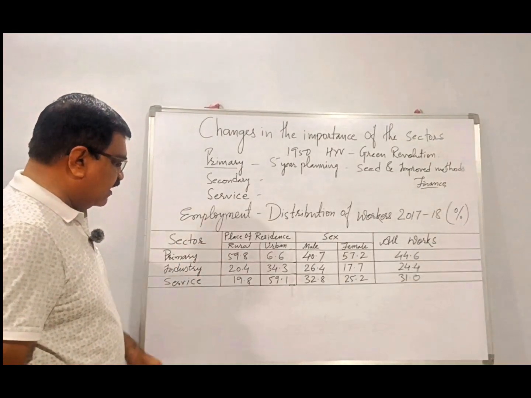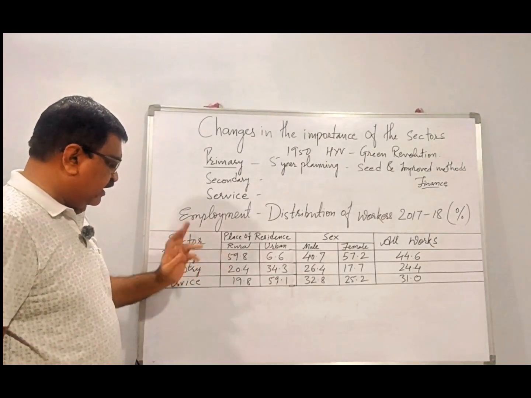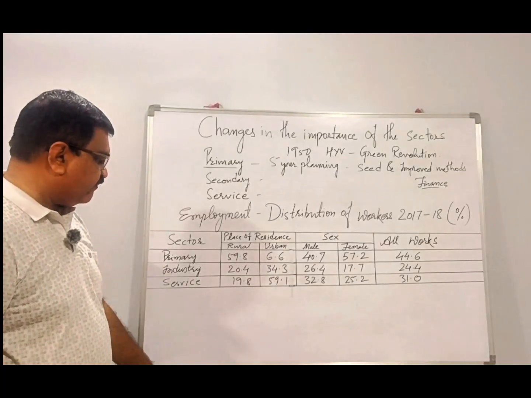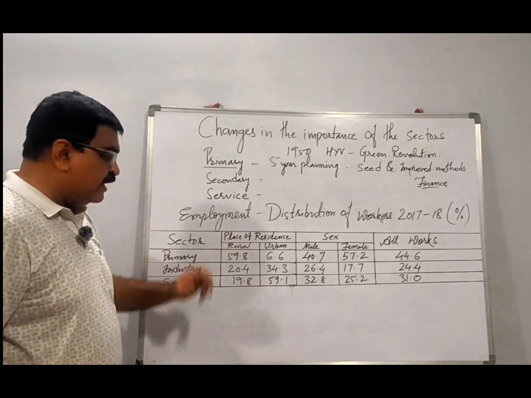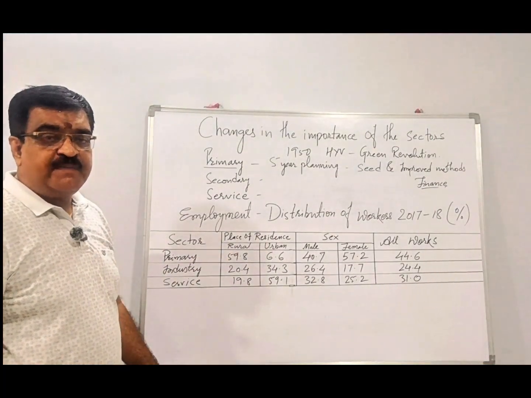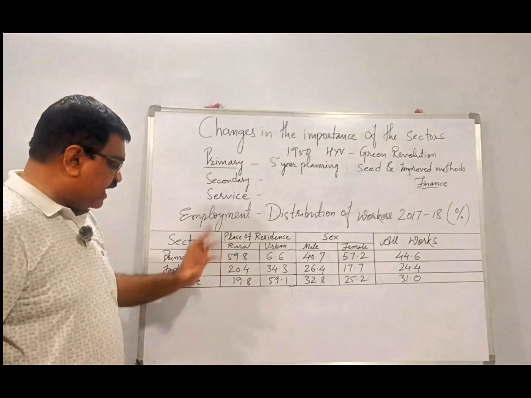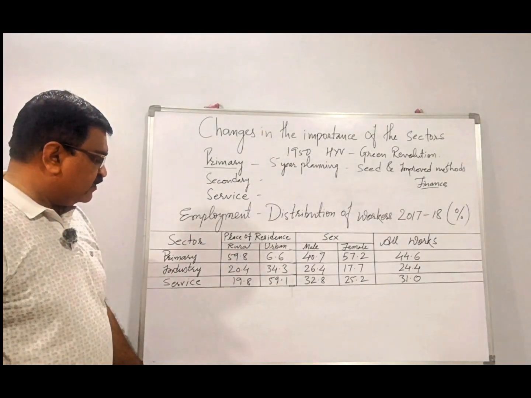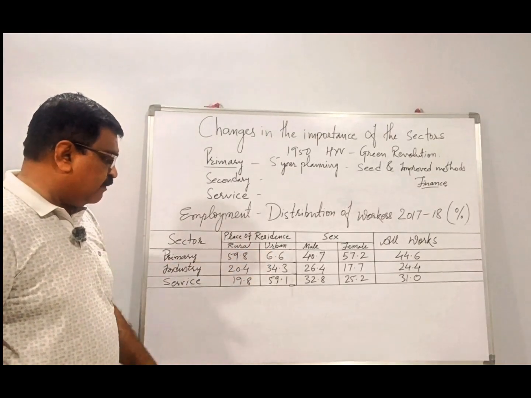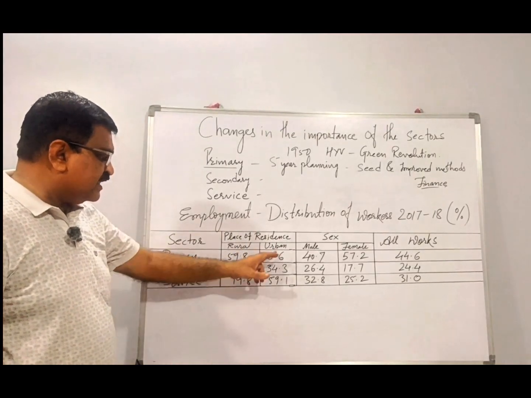Rural area people are involved more in the primary sector, that is 59.8%. How many percent of rural area people are involved in the primary sector? 59.8%. Along with that, the urban area people only 6.6%.